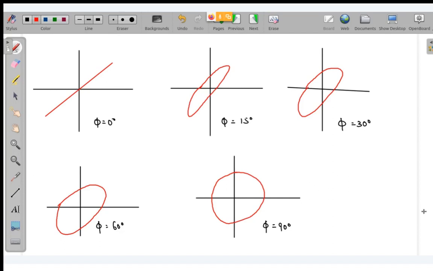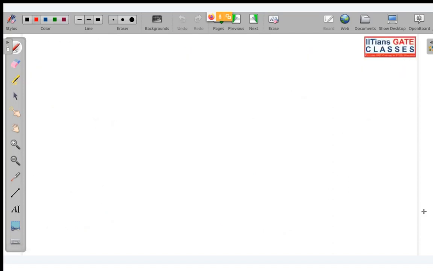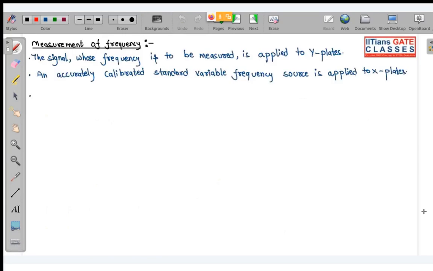So next we have measurement of frequency. This will be the last topic. I think we can do it tomorrow. So tomorrow also I want to take one class, tomorrow morning. Are you guys available? When do you want me to take class?